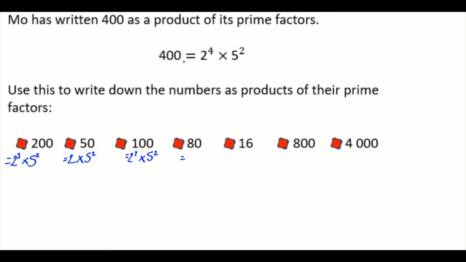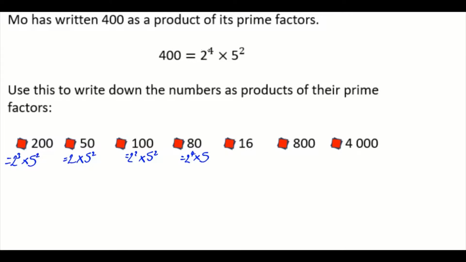80, how many 80s in 400? Well, that's the same as the number of 8s in 40, which is 5, so we're dividing by 5. If we divide by one of the 5s there, we're left with 2 to the power of 4 times 5. 16, well, I guess, yes, spot that 400 is 25 16s.